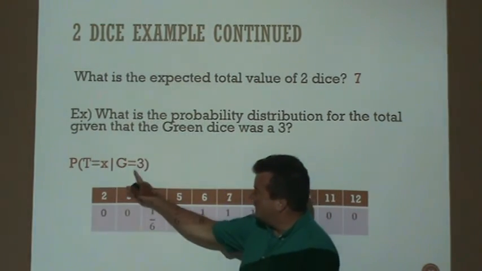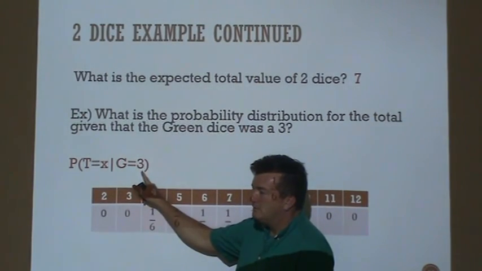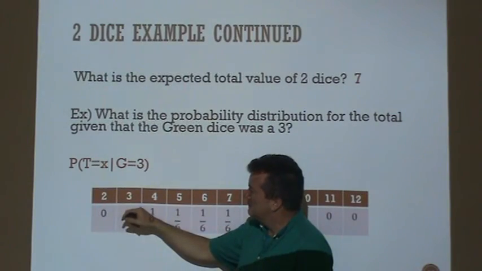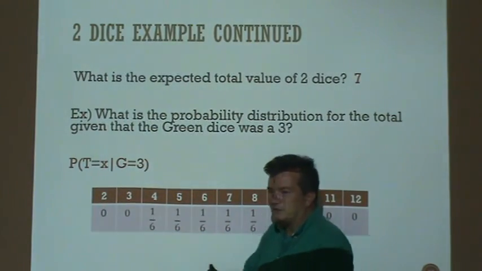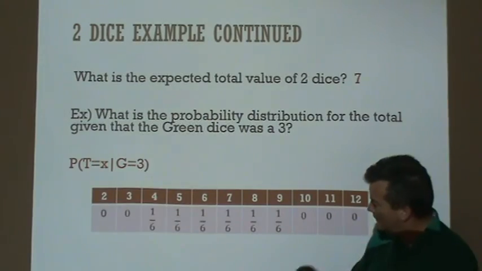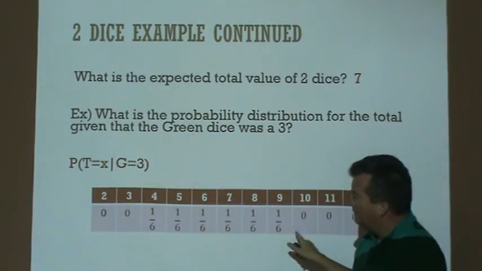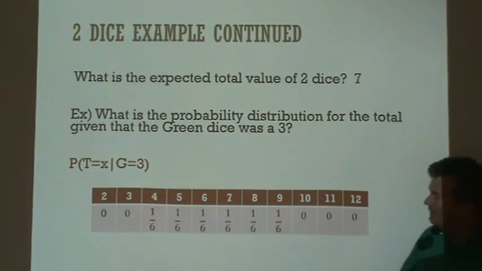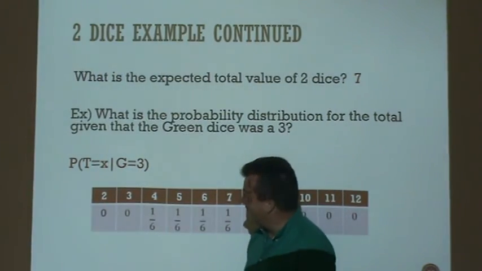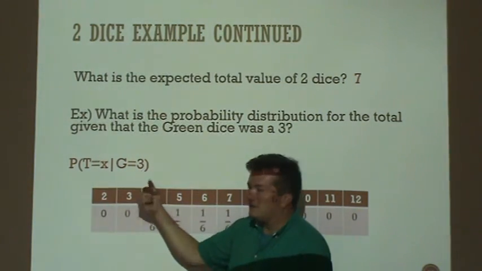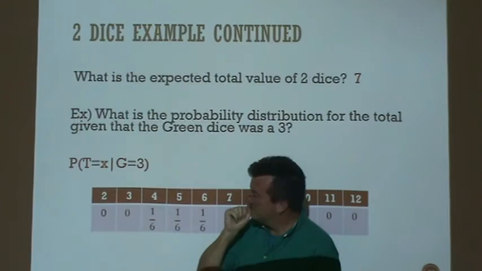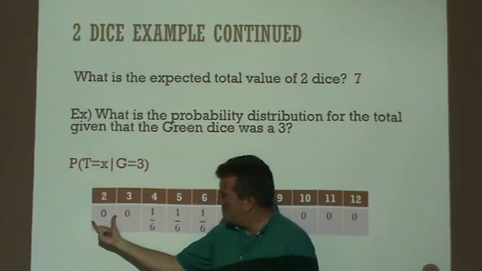Suppose I told you the green dice came out even. I don't tell you what number it is, but I just say it's an even number. Then what would this become? The first one would be nothing. So we know this is either a 2, a 4, or a 6, so the outcome can't be 2.